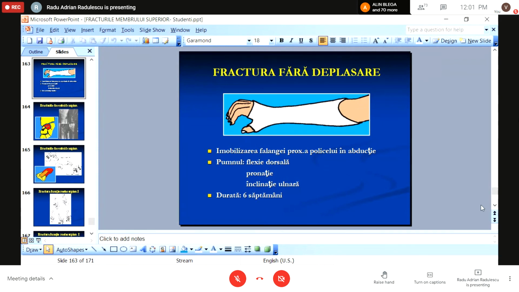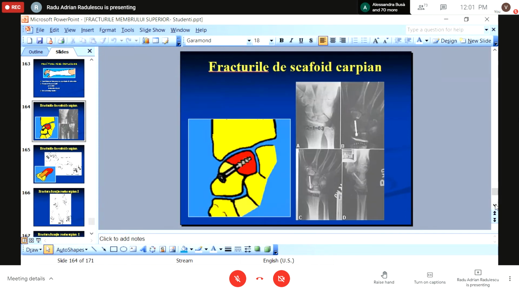So achieving the union of this bone is very difficult due to the fact that one bone fragment has blood supply and the other one doesn't. So it's very difficult for the physiopathological mechanism to act for the union of the bone.